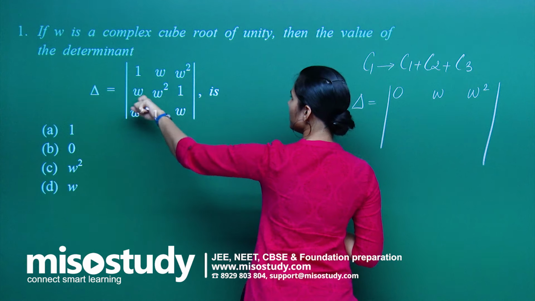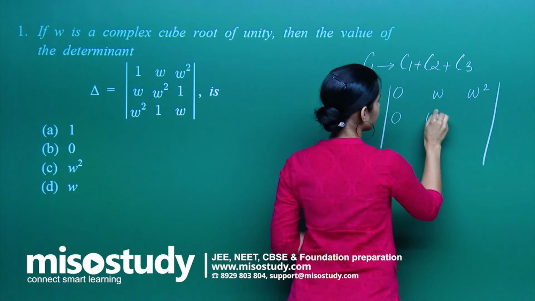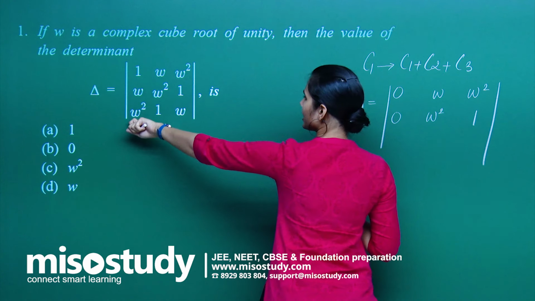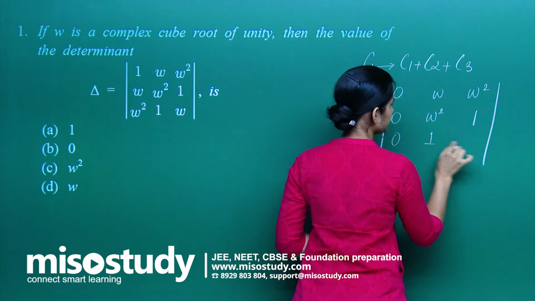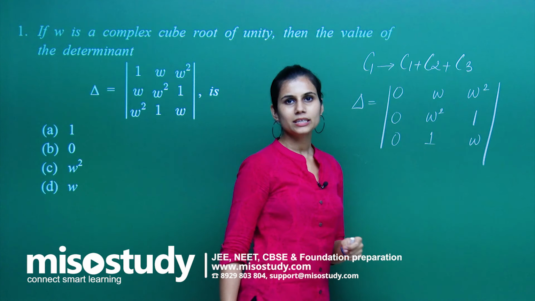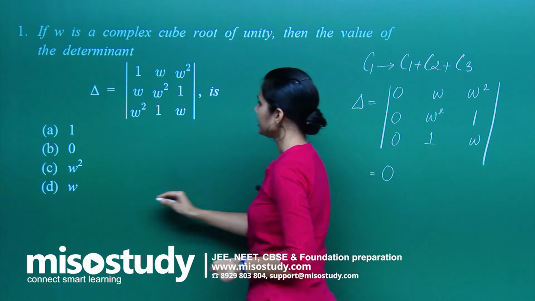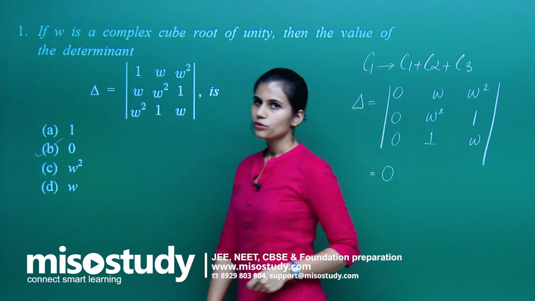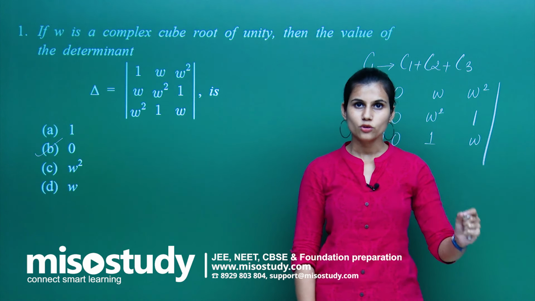Then again omega plus omega square plus 1, which is 0, rest same. And omega square plus 1 plus omega, which is 0, rest same. The moment you have one complete column equal to 0, your answer is nothing but 0. The only point over here was that 1 plus omega plus omega square happens to be 0 when omega is a cube root of unity.